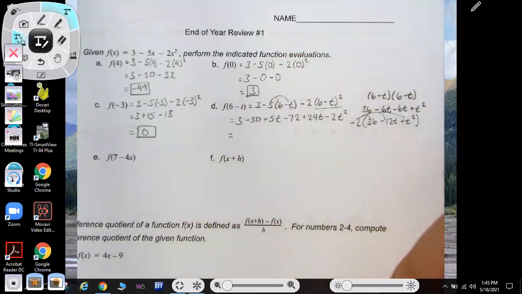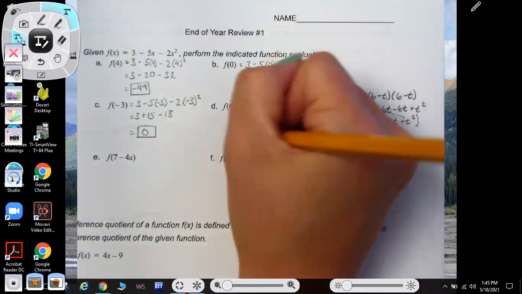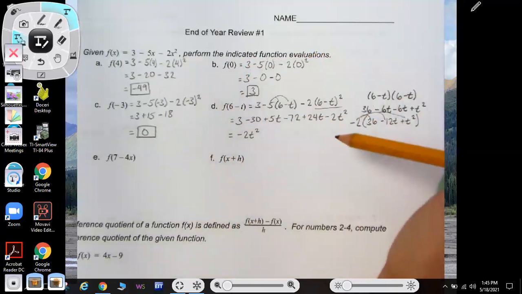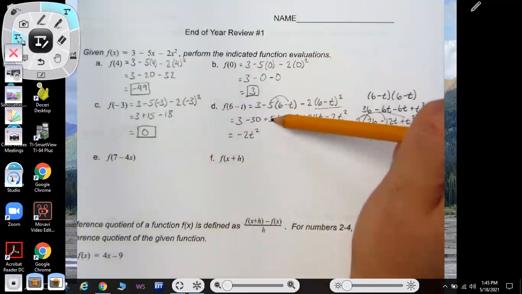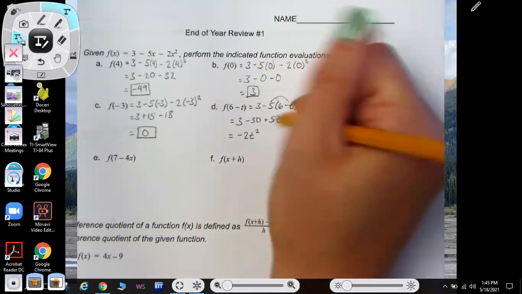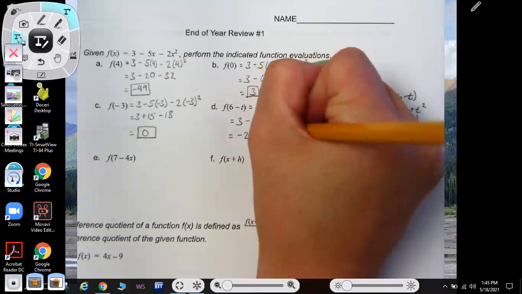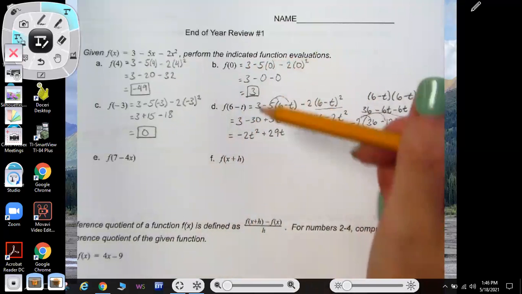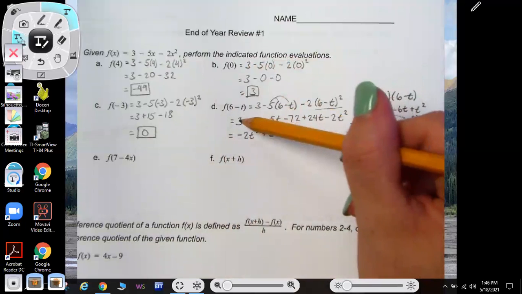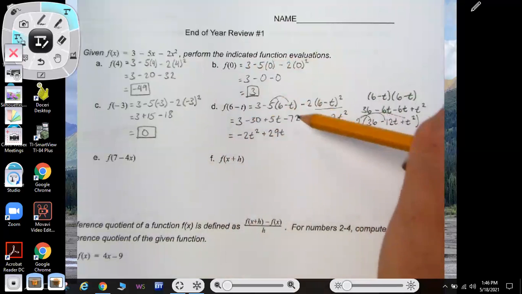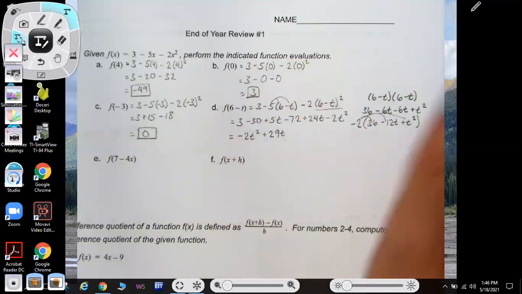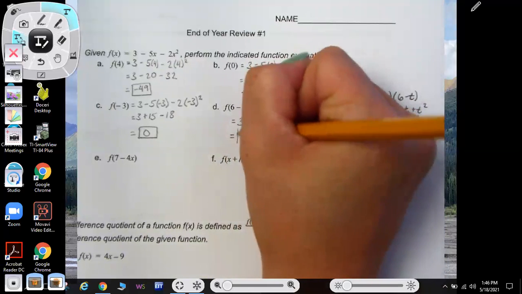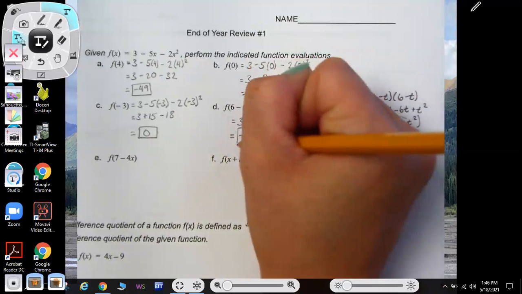So t squared is our highest exponent. We just have negative 2t squared. All the terms with just t, that's 5t plus 24t, so we get plus 29t. And then all the rest of the terms that don't have a t, we've got 3 minus 30 minus 72. That gives us negative 99. And that is our answer for part D.